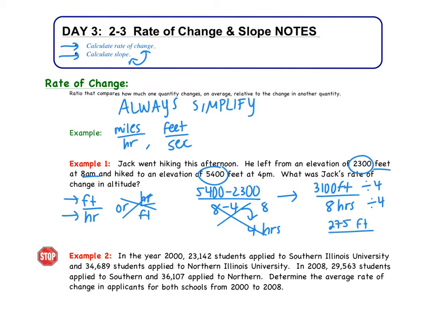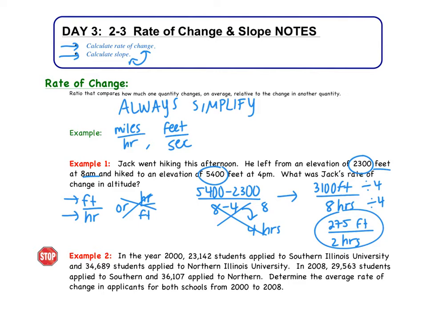So you get 775 feet per 2 hours. So that's the rate of change. What this means is every 2 hours, Jack hikes 775 feet.